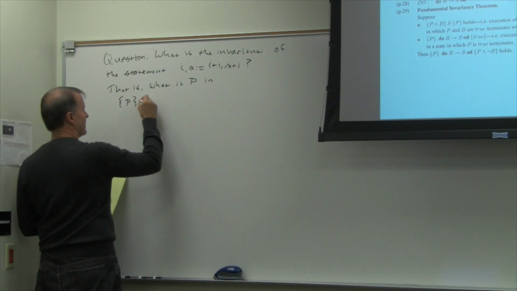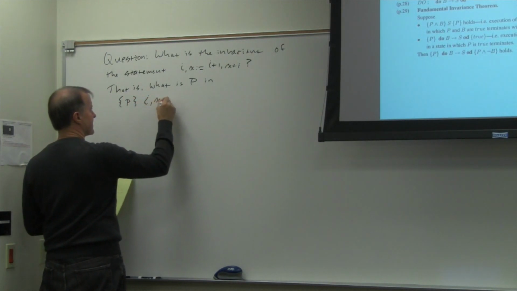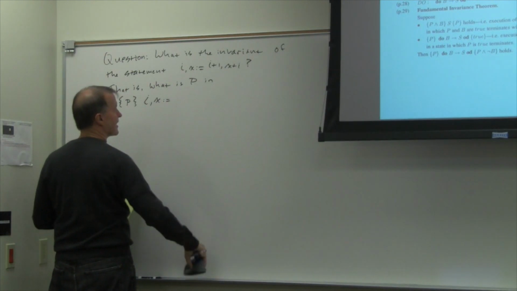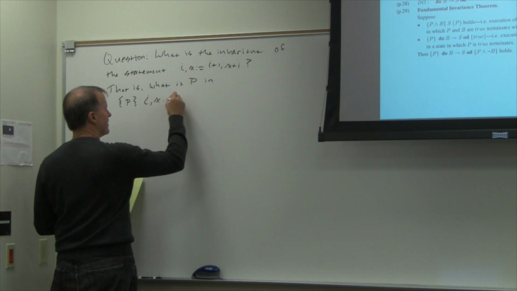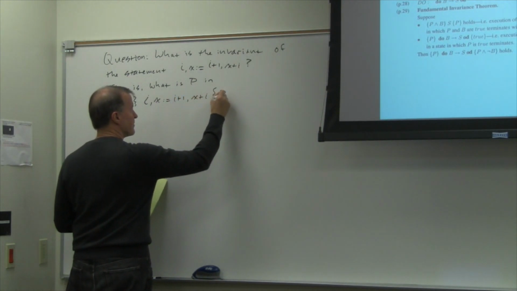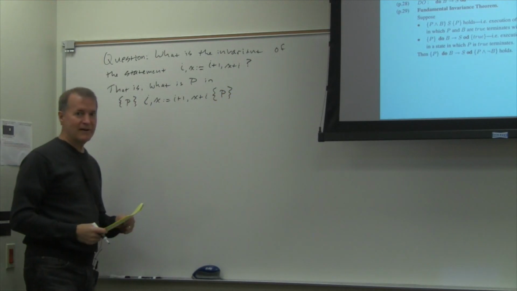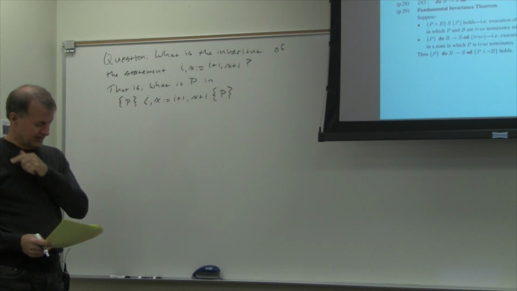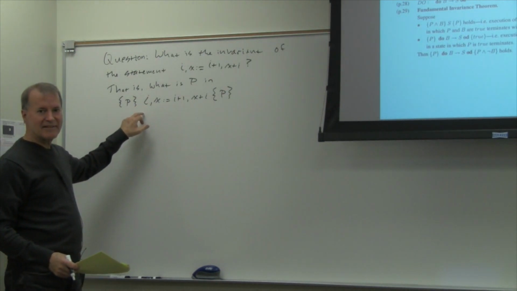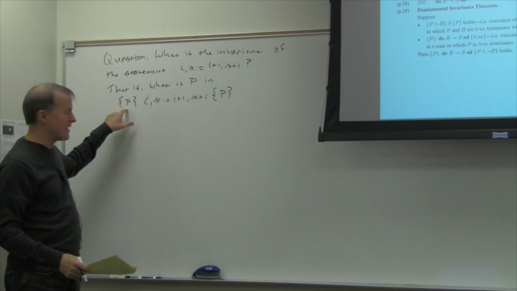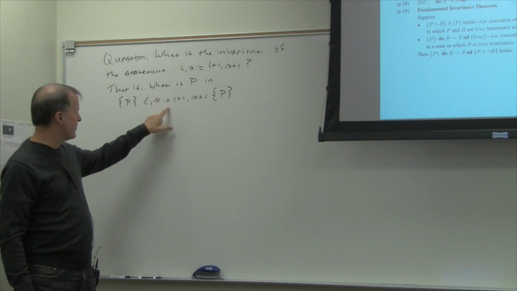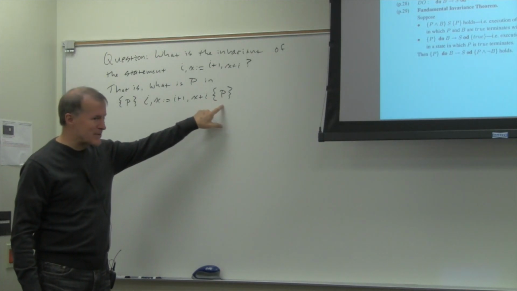P, I comma x gets I plus 1 comma x plus I, postcondition P, same P, right? What is the invariant? In other words, what can I write down here that's true regardless, so that if I do this, it's still going to be true?